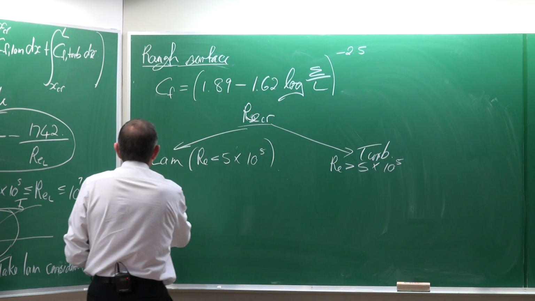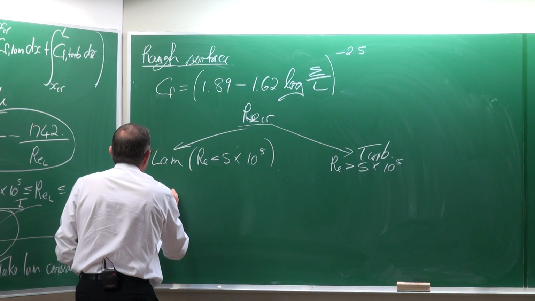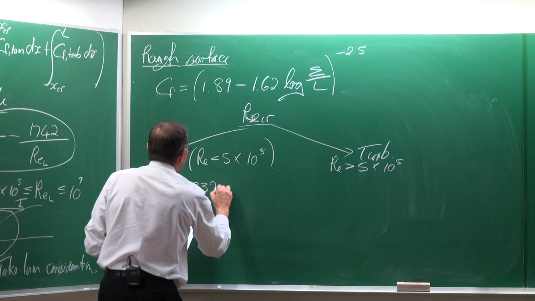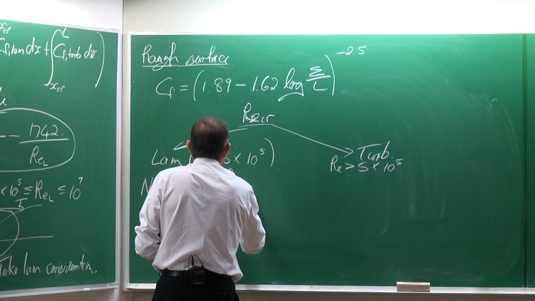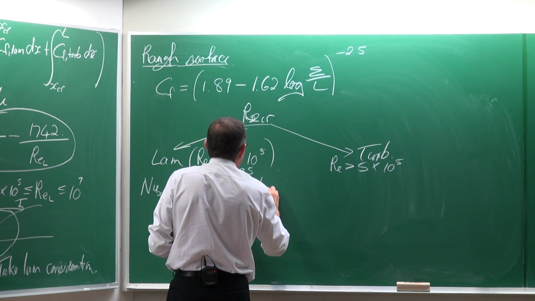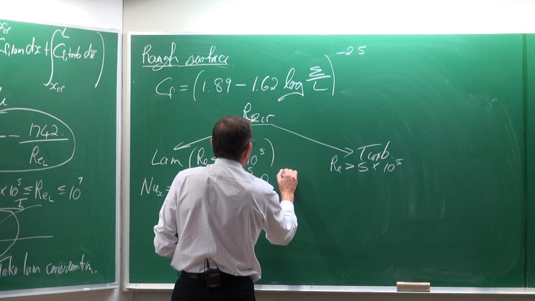So if it's laminar, then the local Nusselt number is equal to 0.332 multiplied by the local Reynolds number to the 0.5, Prandtl to the third.